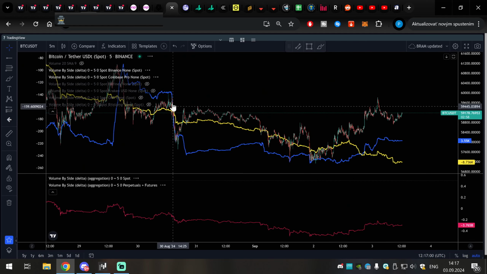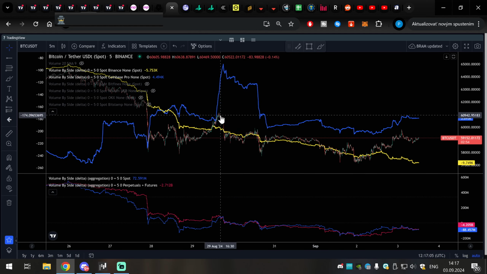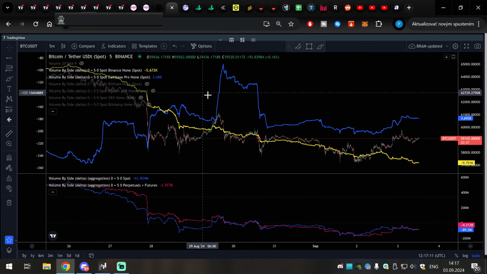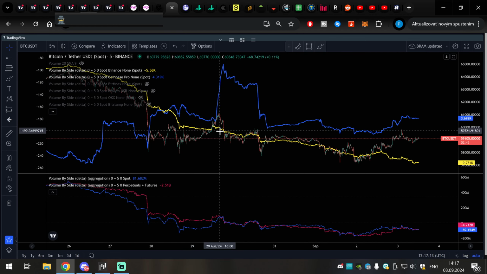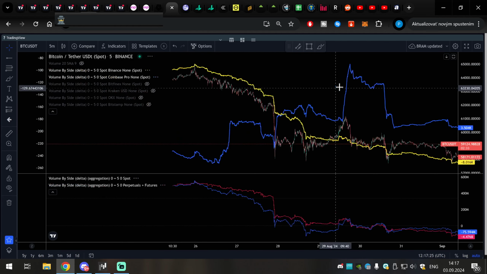How is the CVD looking? Coinbase was trying to push us so hard. Look at that, Coinbase can do something when it wants, but it's still not that big compared to Binance. Even that push here looks big. They bought from 3.6 thousand up to 1,000 Bitcoins on Coinbase here, but the move was pretty limited.